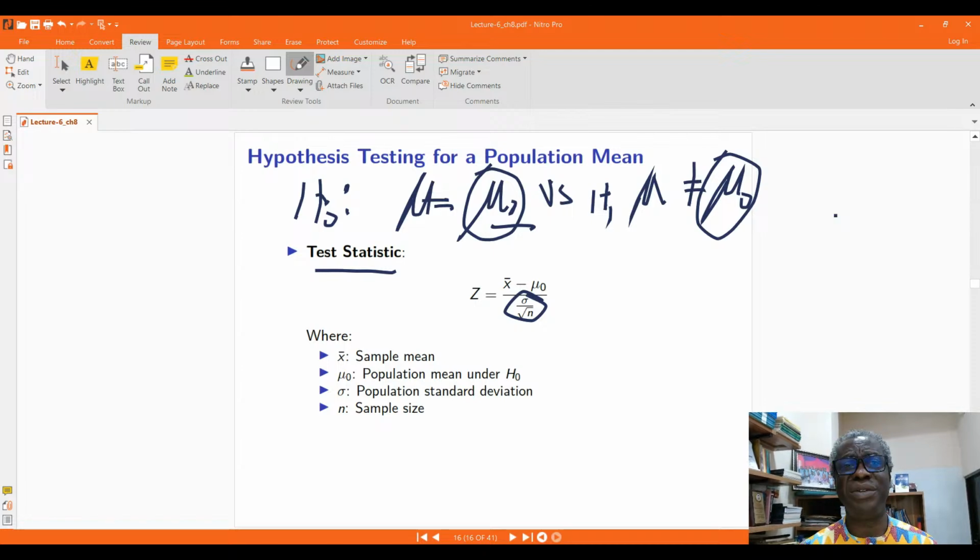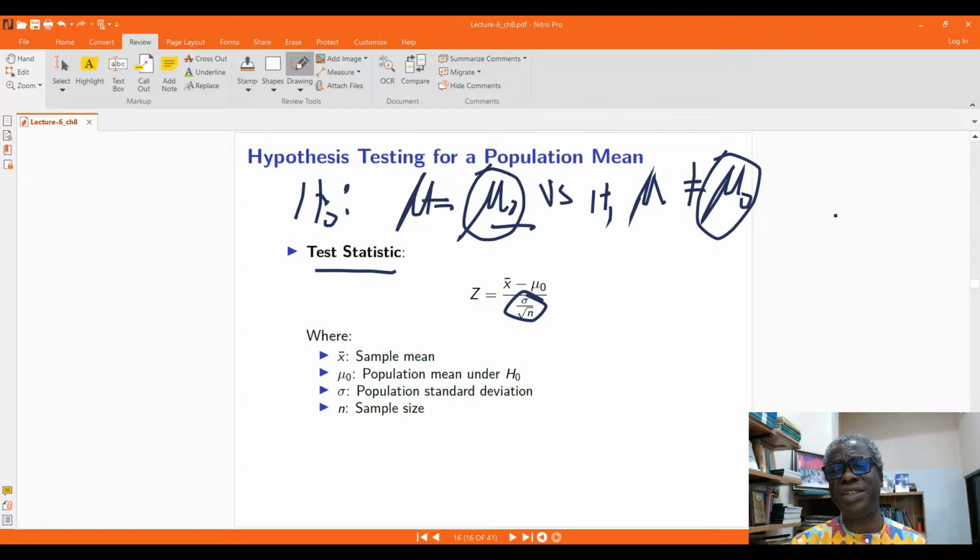You recall that sigma there is the population standard deviation, which is the value that captures the population variability, and then the n there is the sample size.